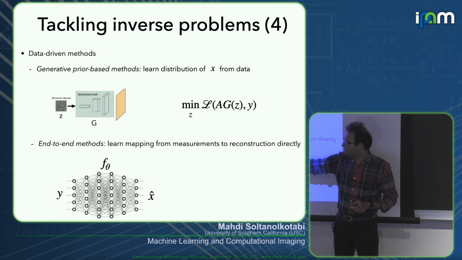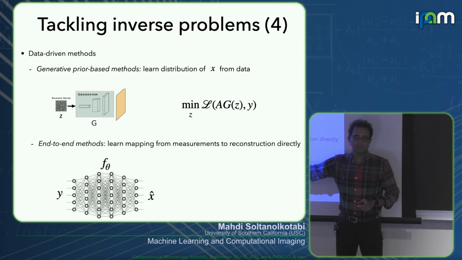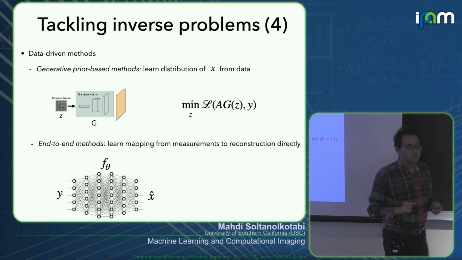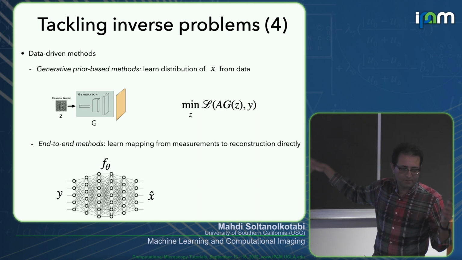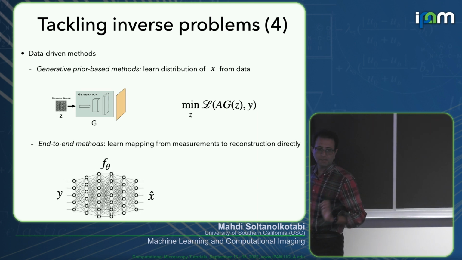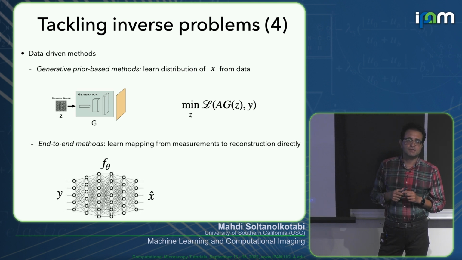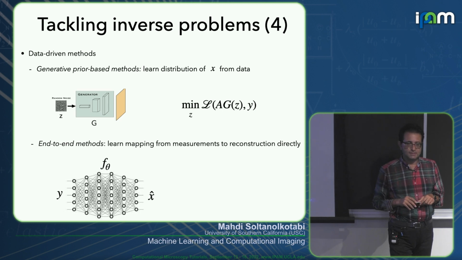So you basically build networks that, given the measurements as input, spit out an estimate of the signal that you care about, right? So this is completely end-to-end, right? There's no intermediate way of representing the signal. Give me a new measurement, I just pass it through this network, and I get the ideal signal that I'm interested in, right? So I'll talk about these two techniques now.